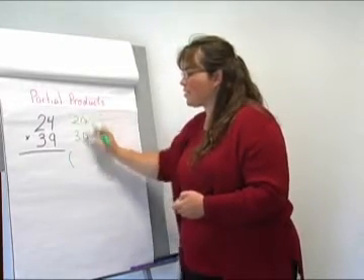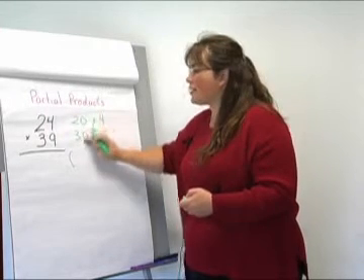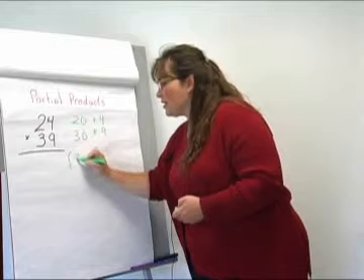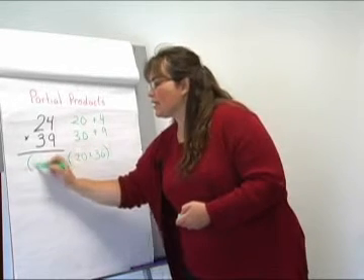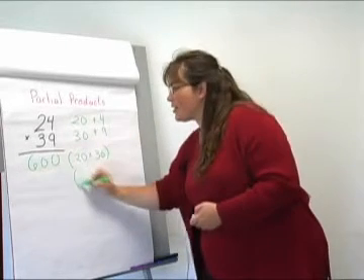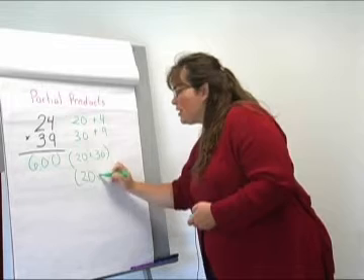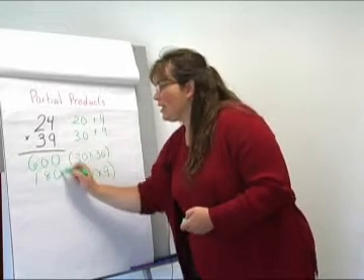So the first thing they're going to do is multiply the two numbers that have values within the tens. So 20 times 30 equals 600. Then they're going to multiply the 20 times 9 and get 180.